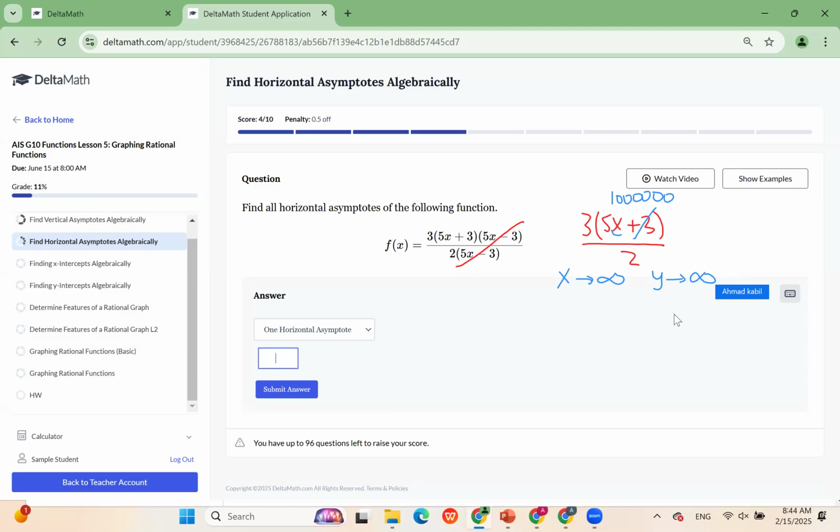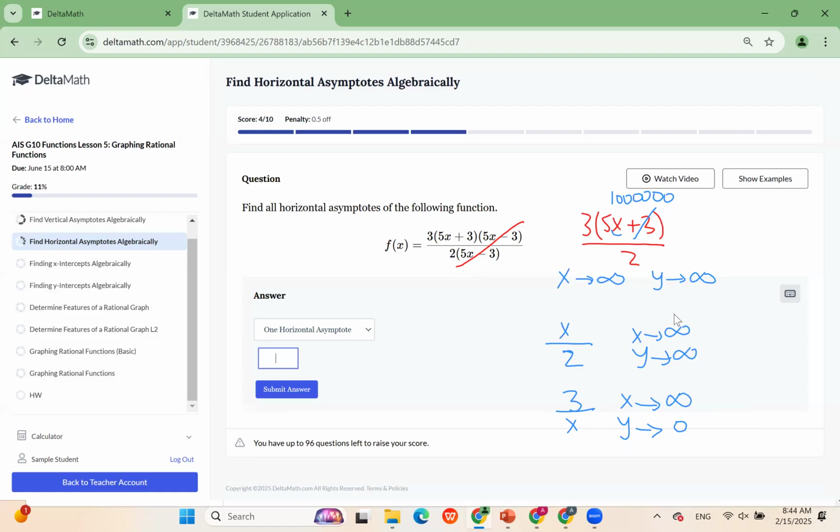So you might have started to notice a pattern. If we simplify and we end up with x over something, x over 2 or whatever, this means that as x approaches infinity, y approaches infinity. If we get something over x, 3 over x, this means that as x approaches infinity, y approaches 0, because we're dividing 3 by a huge number.